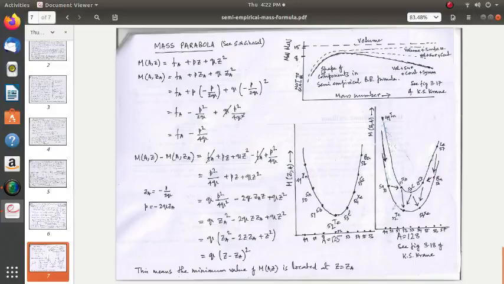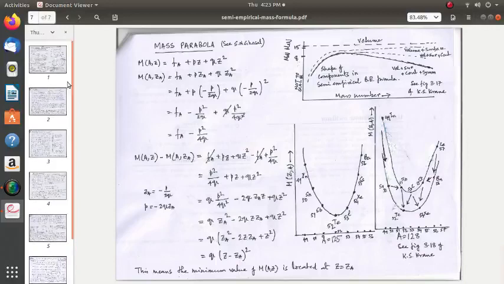So various components, how they behave when you change the mass number. Mass number is plotted here, and binding energy is plotted here. So please see figures 3.17, 3.18 of the book.